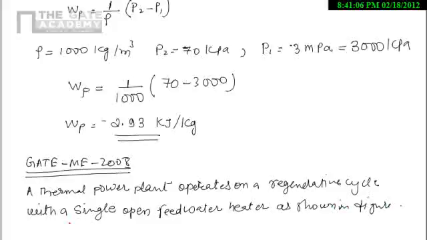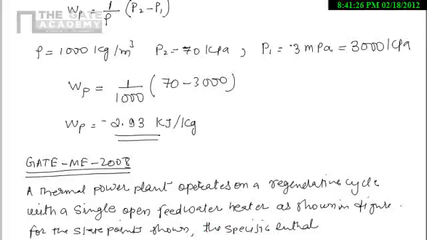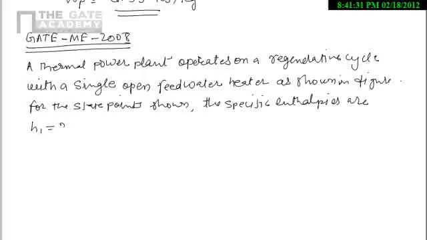For the state points shown, the specific enthalpies are H1 equals 2800 kilojoule per kg and H2 equals 200 kilojoule per kg.